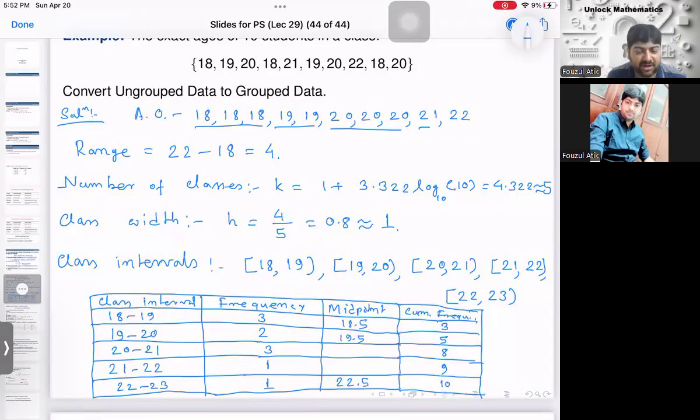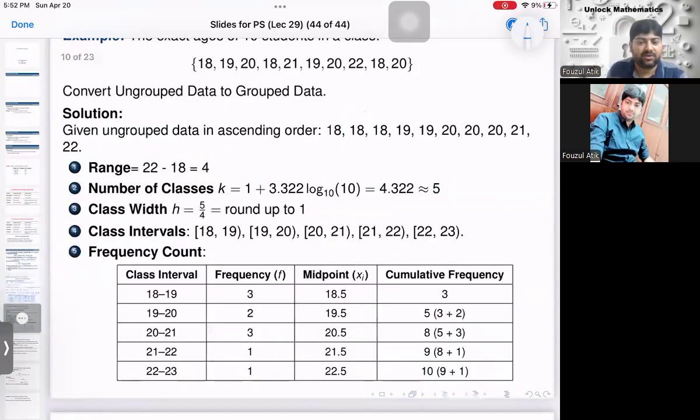Because sometimes we need this information, as we'll see later. I hope you understand how to group the data from ungrouped data. So this is the one we have already done.